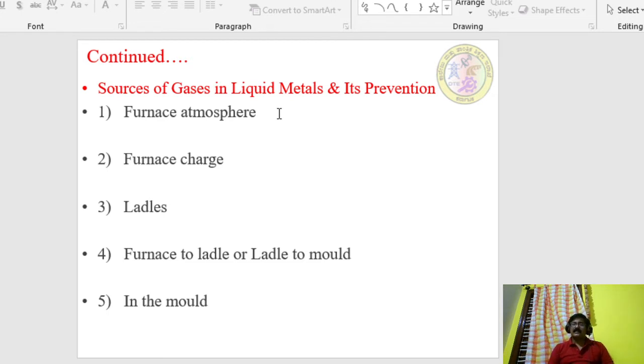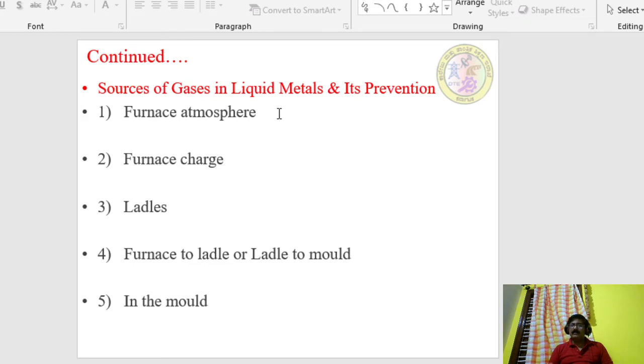Ladles are very popularly known; these are bucket-shaped structures used for pouring molten metal or carrying molten metal from the furnace to the mold. Ladles also should be clean, without any impurities, and generally should be preheated.